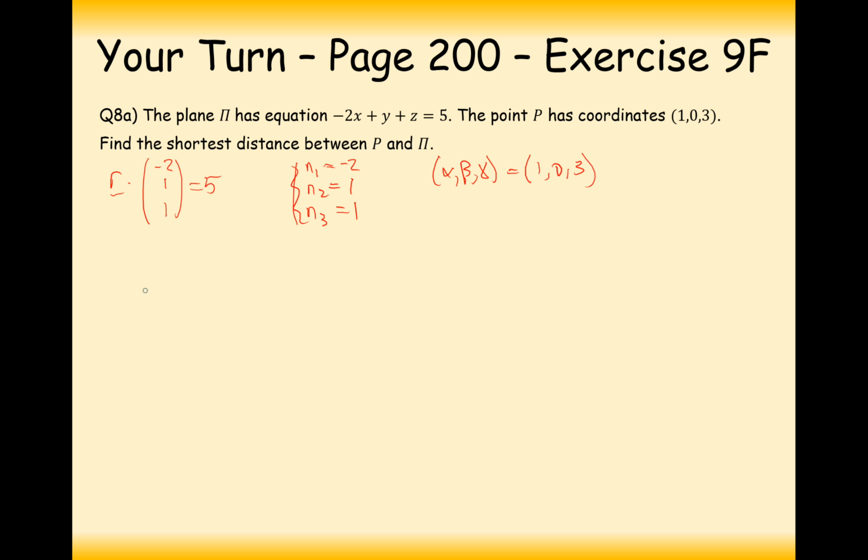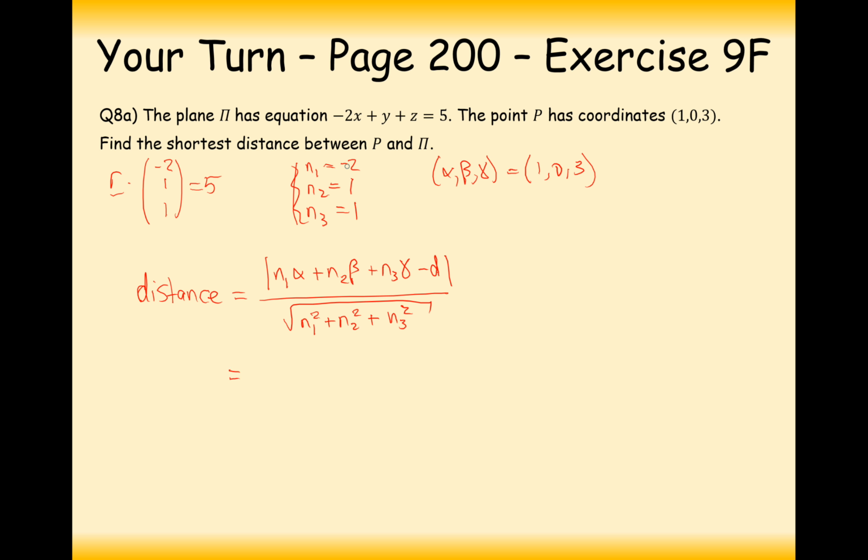Now just applying our rule, the shortest distance, I won't use d because that will confuse things with the 5, is n1 alpha plus n2 beta plus n3 gamma minus d, all over the square root of n1 squared plus n2 squared plus n3 squared.